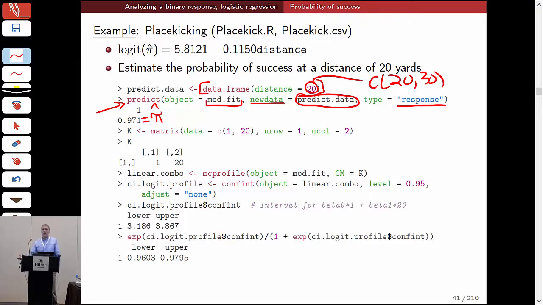Let's look at how we can do this with the mcprofile package then. For my K, remember, I use that to find a linear combination of my betas.